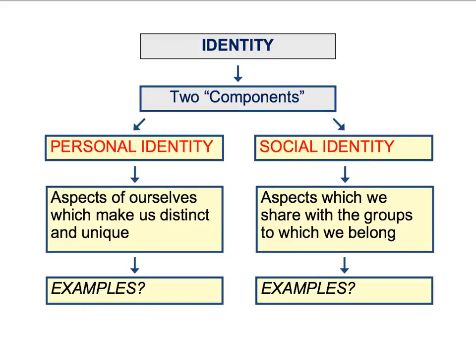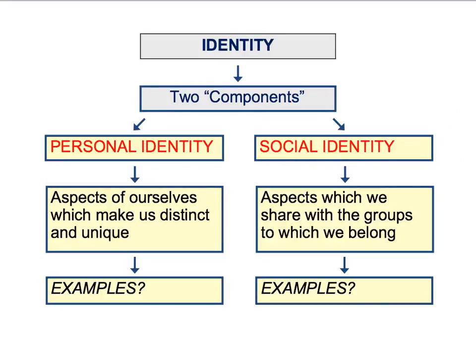Firstly, you've got your personal identity, and this refers to aspects of ourselves which make us individual, distinct and unique. This might include aspects of our appearance, our personality, our own unique personal biography and experiences. And then on the other hand, you've also got our social identity.